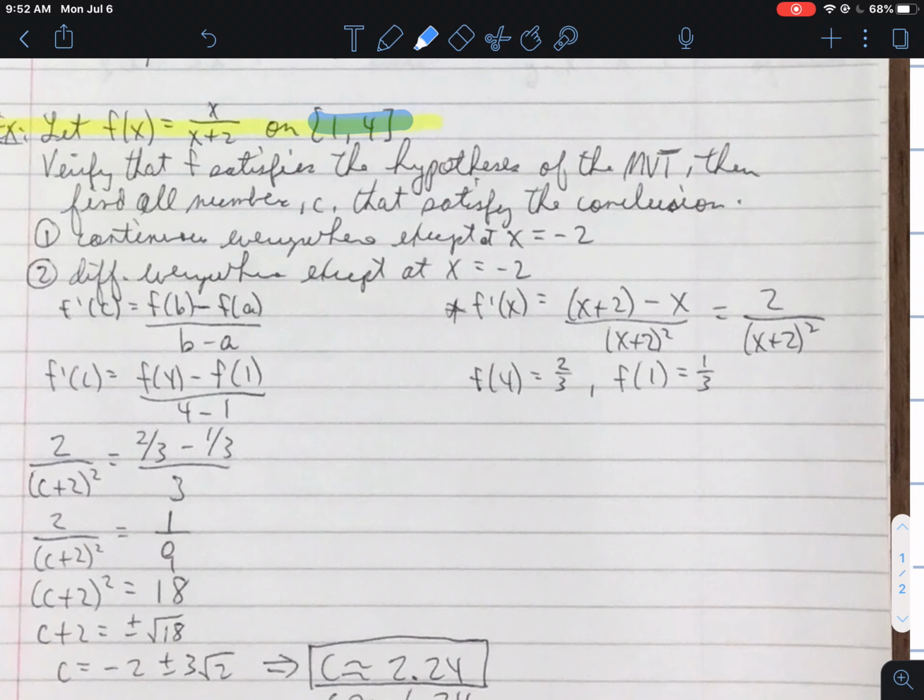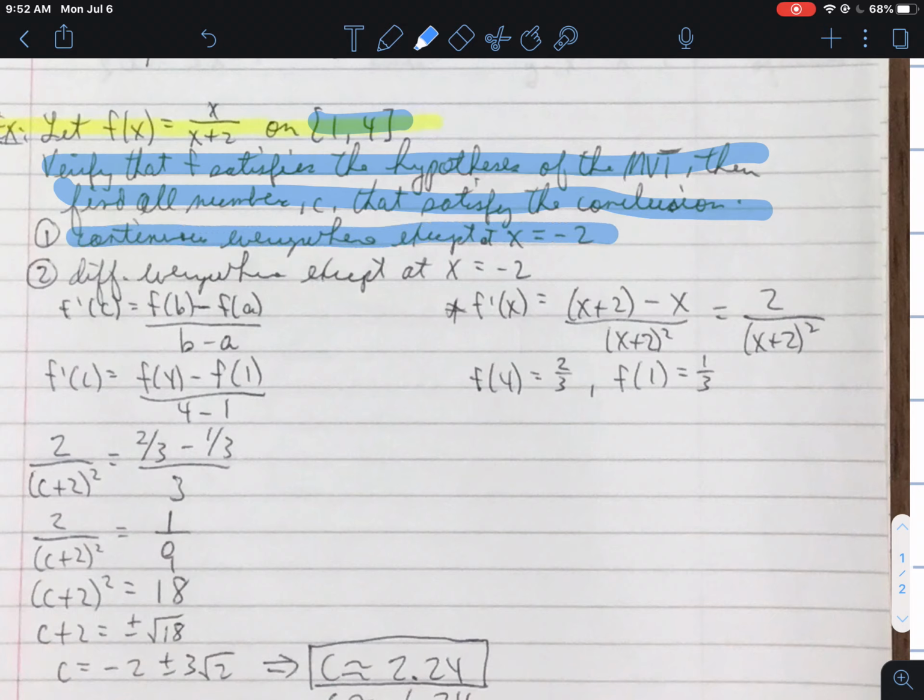So again, the same type of question I had previously. We're going to verify that we meet the hypotheses of the MVT, the mean value theorem, and then find all numbers c that satisfy the conclusion. Because of the type of function we have and previously existing theorems, we know that this function is continuous everywhere except at x equals -2.